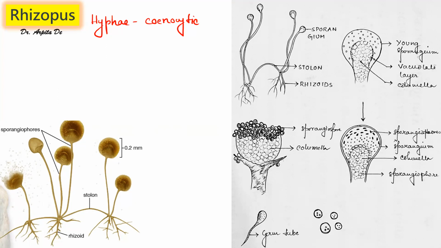The mycelium of Rhizopus very soon enters the reproductive phase and becomes differentiated into rhizoids, stolon, and sporangiophores. If you take a closer look at this, it soon enters the reproductive phase and gets differentiated into rhizoids, stolon, and sporangiophores.